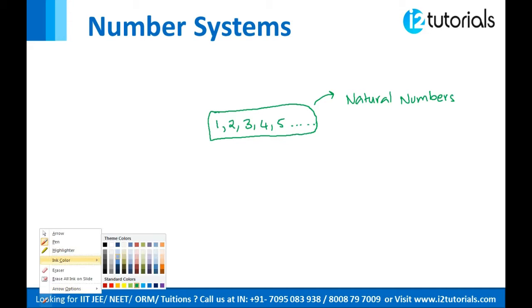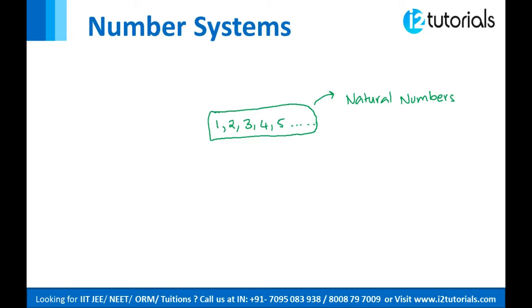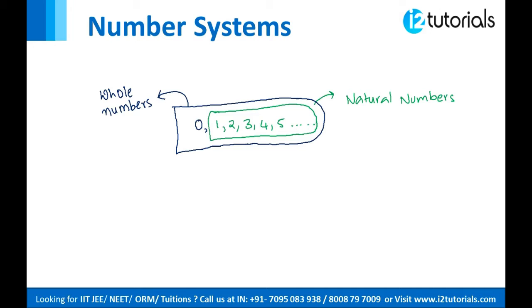Whole numbers, whenever you add 0, these should be considered as whole numbers. Usually, the collection of natural numbers is represented with N, whereas the collection of whole numbers is represented with W.